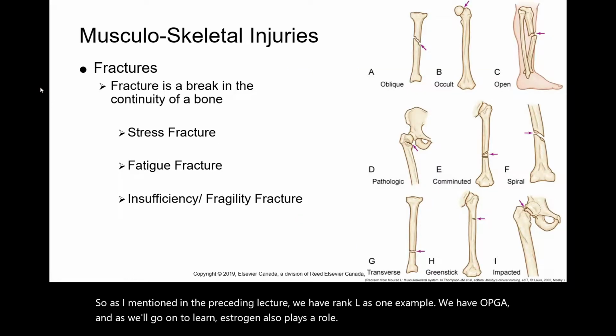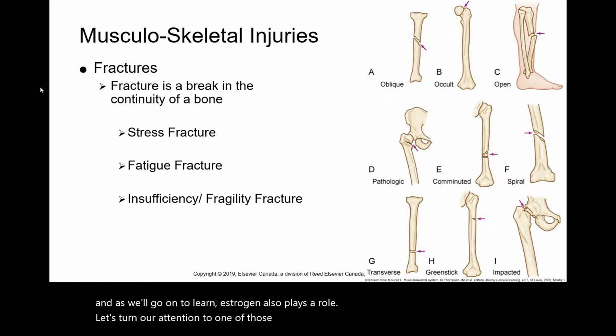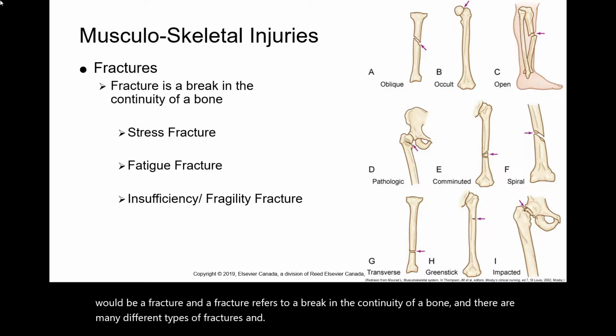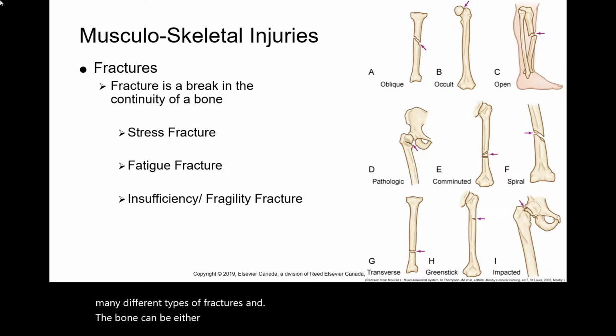Now let's turn our attention to one of the most common MSK type injuries, and that in fact would be a fracture. A fracture refers to a break in the continuity of a bone. There are many different types of fractures, and the bone can be either completely or incompletely fractured.